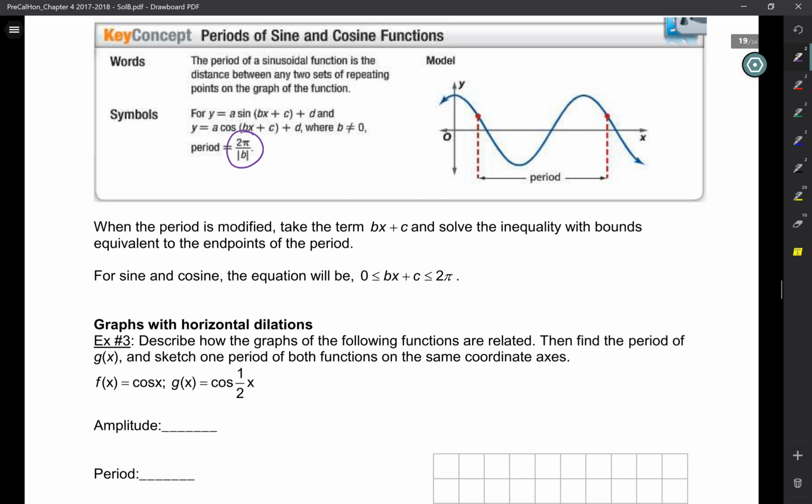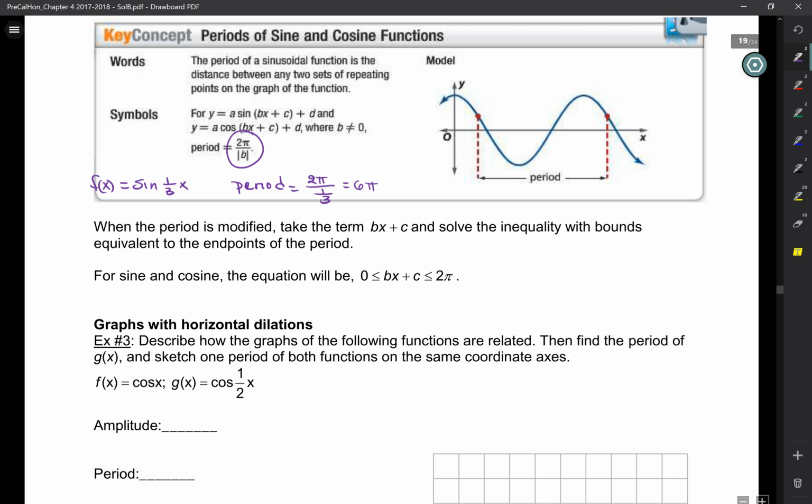So for example, if I have sine of 1 over 3 x as my f of x, how much would the period be? 2 pi over 1/3, because b is 1/3, which is 6 pi.